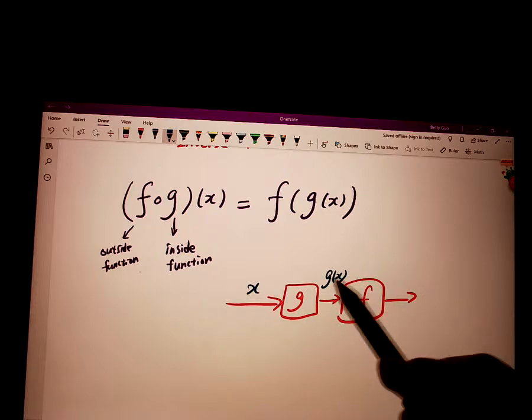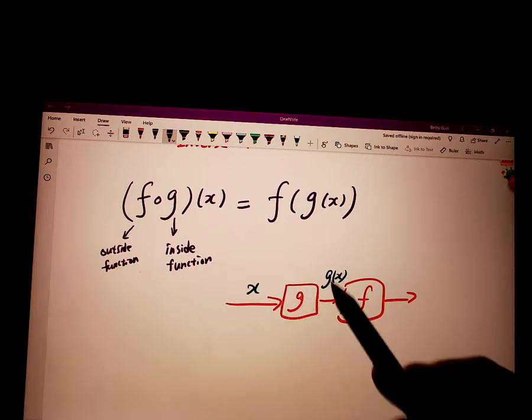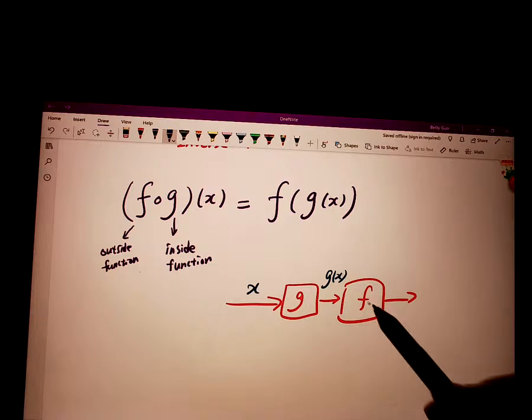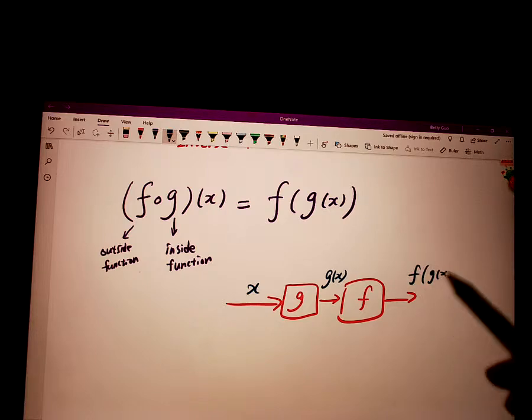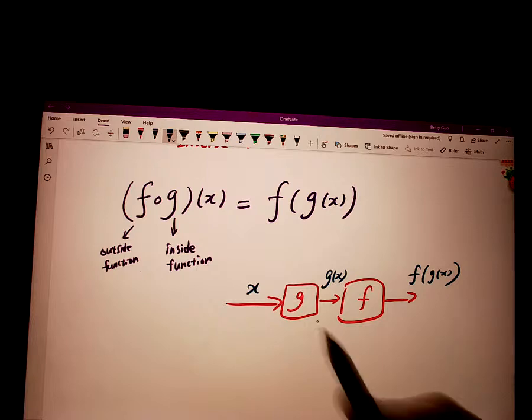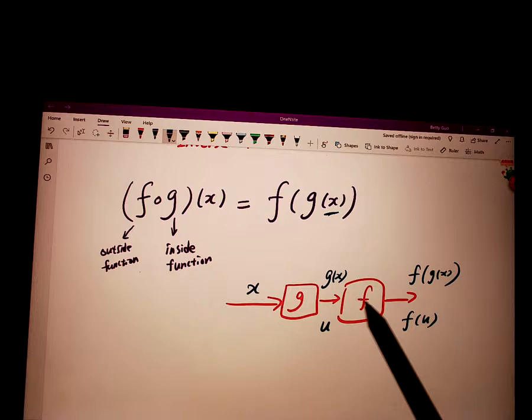And then right after that, the output of g is going to go inside of f, and then we apply f, and we would have the output for the composite function. So you see what I'm saying here? If we let u be g of x, u is going to be the input of f.